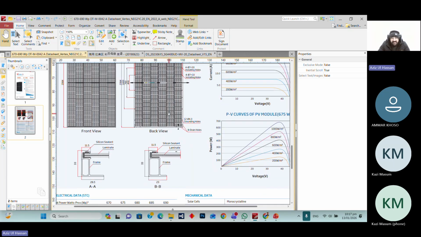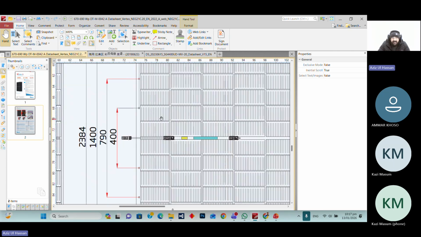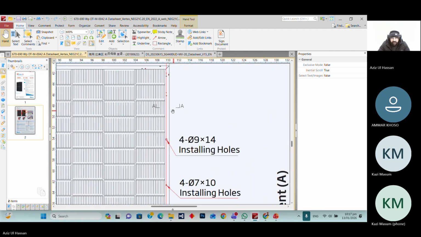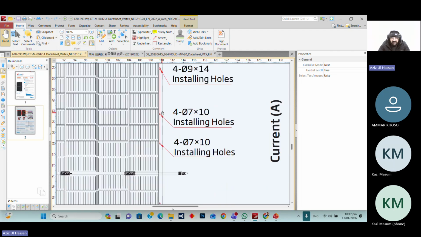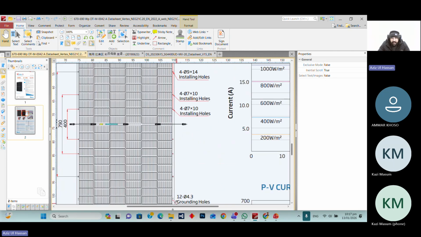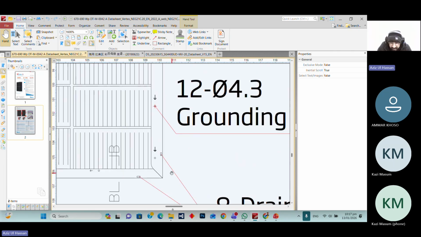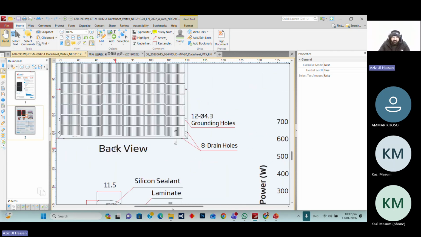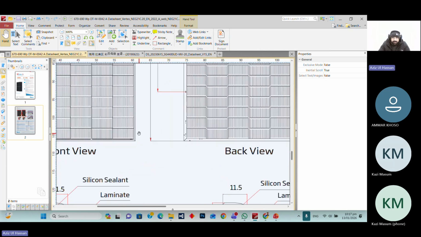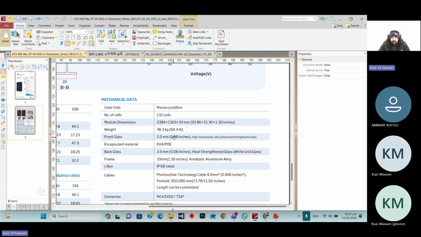This is basically the size, the length and width, and these are the installation holes. You can see the installing holes in the PV module, and we have the grounding holes. We have drainage holes, sideways drainage. Then we have the weight of the PV modules.